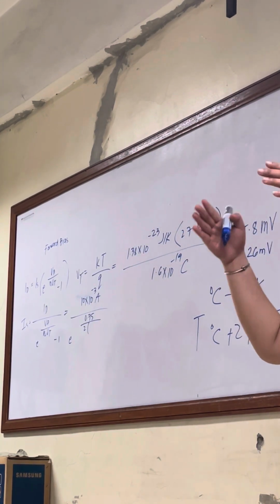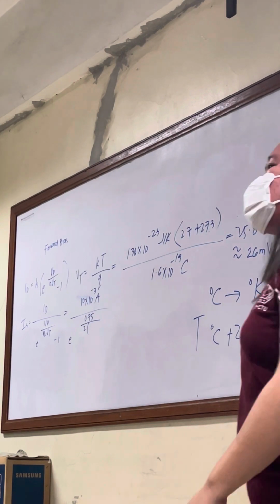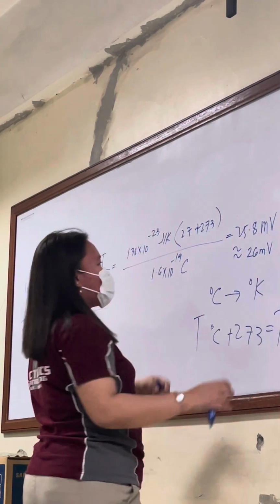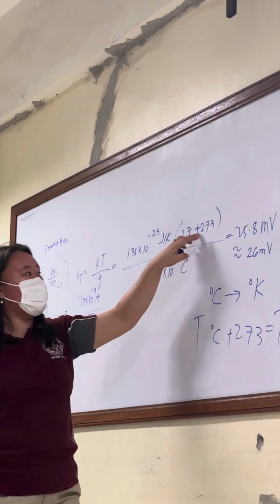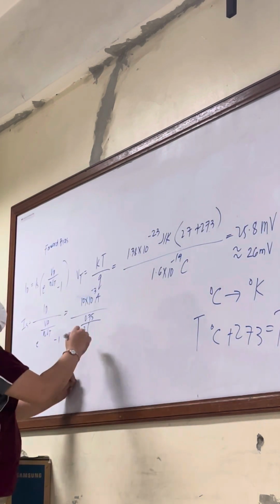So 27 plus 273 is 300, which equals 26 millivolts.